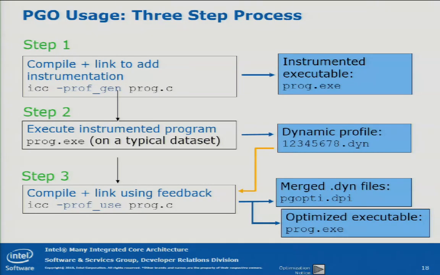The first step is we generate a profiling version of the executable. We run that version, hopefully with real-world data that paints a picture of what you actually do at runtime. And then we feed this profile into the compiler again to tell it what the behavior of the application at runtime is. Okay, and hopefully we get better code out of that.